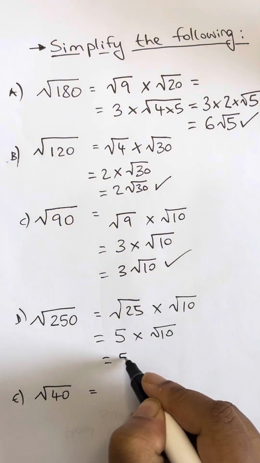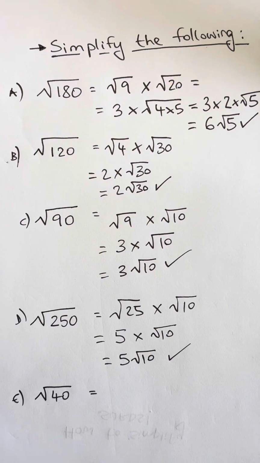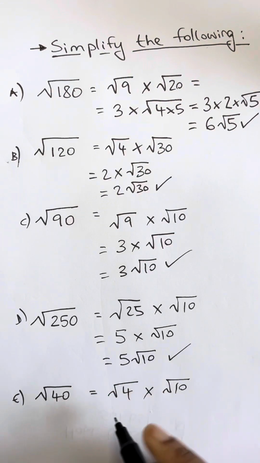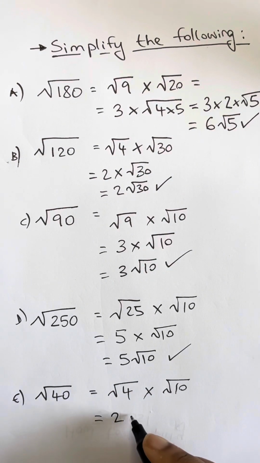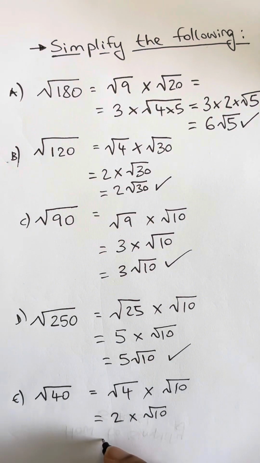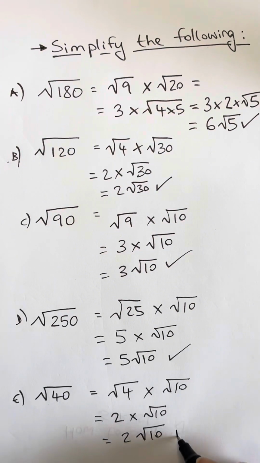So it's 5 root 10, that's my final answer. What's root 40? What's the biggest square factor? Yes, it's root 4 times root 10. Root 4 is just 2, times root 10, which is 5 times 2, and I can't simplify this anymore. So your final answer is 2 root 10.